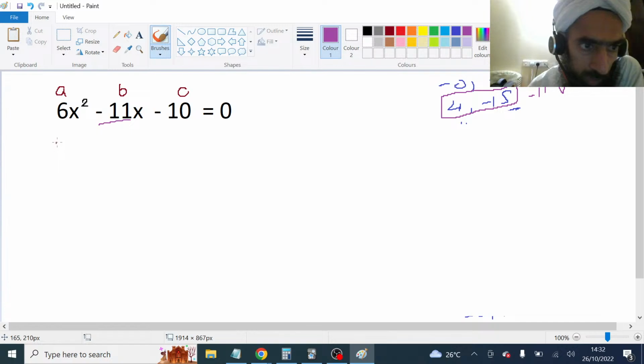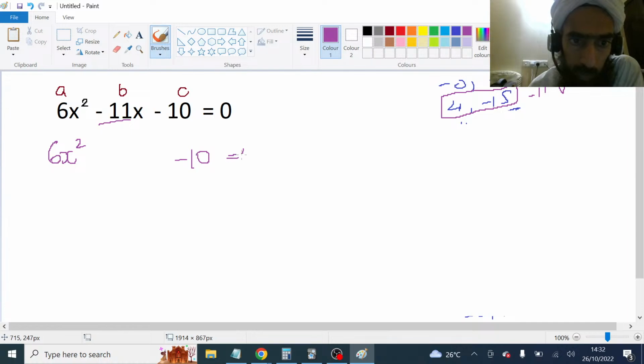So we've got 6x squared, we've got minus 10 at the end, it's equal to 0. But what I'm going to do is use these two numbers, the 4 and the minus 15, to rewrite the minus 11x. I'm going to rewrite the minus 11x as plus 4x minus 15x.